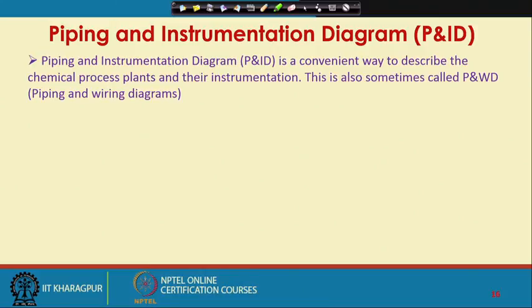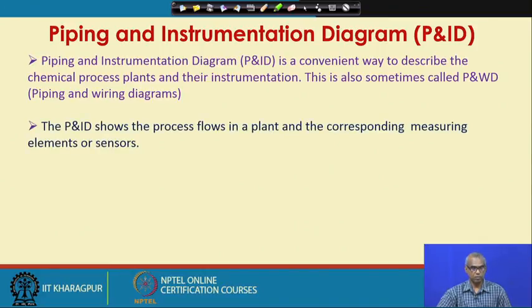So, what is piping and instrumentation diagram? Piping and instrumentation diagram is a convenient way to describe the chemical process plants and their instrumentation. This is also sometimes called P&WD, that means piping and wiring diagrams.